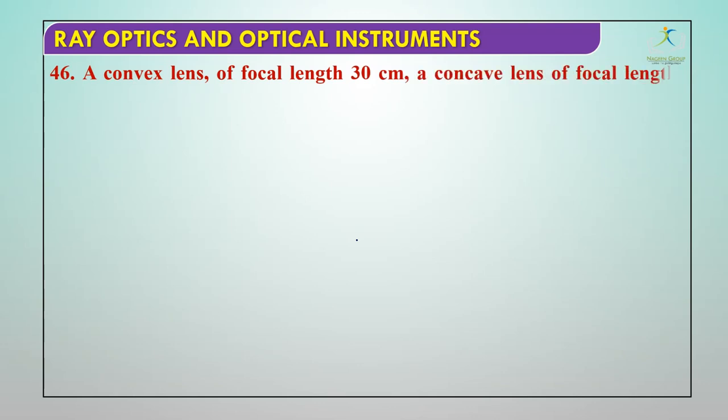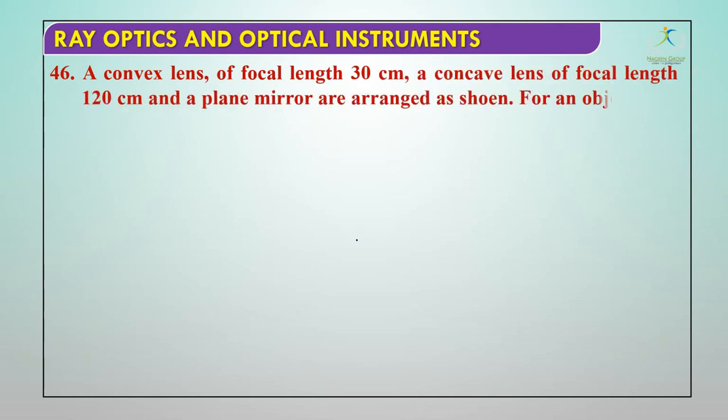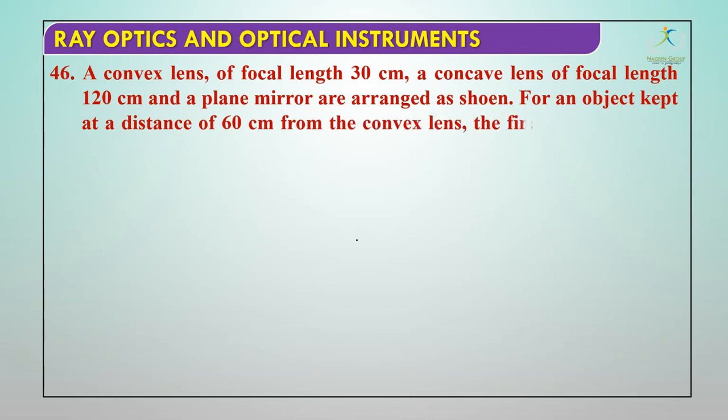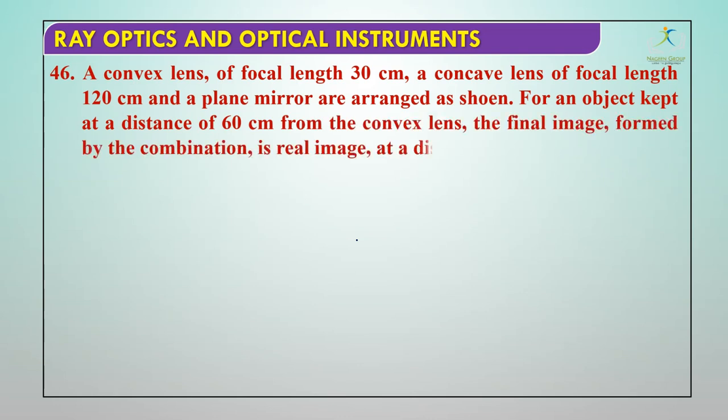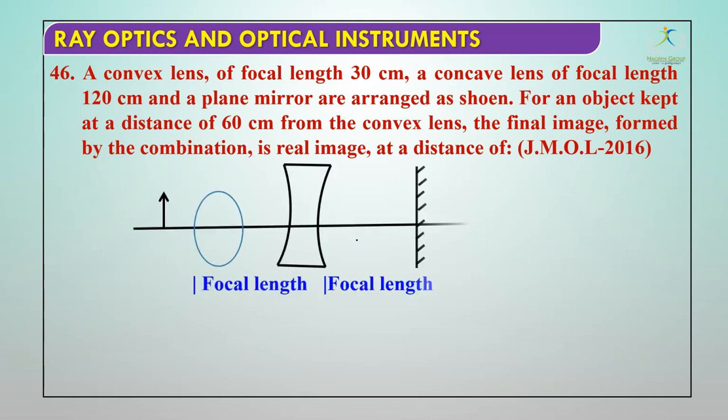A convex lens of focal length 30 cm, a concave lens of focal length 120 cm and a plane mirror are arranged as shown, for an object kept at a distance of 60 cm from the convex lens. This is the object which is kept 30 cm from the concave lens, and 120 cm from the plane mirror.